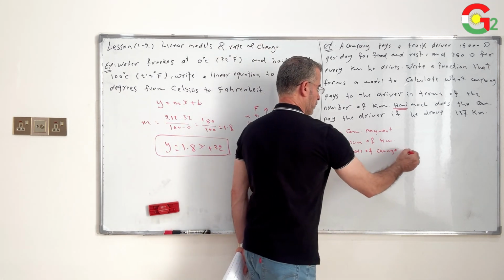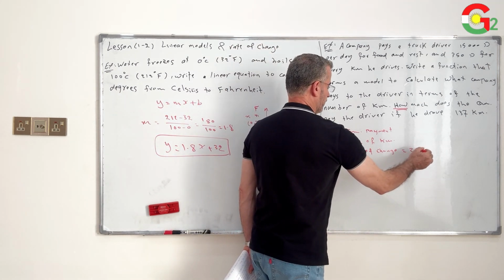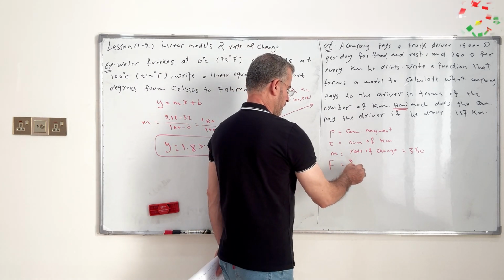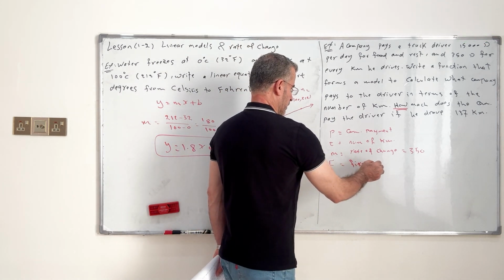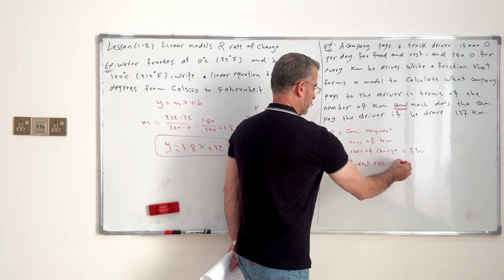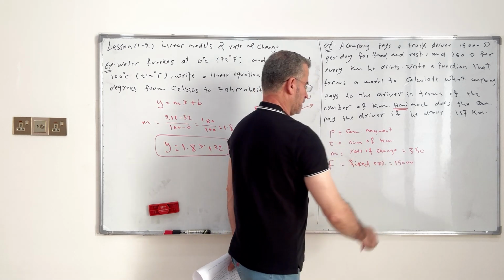It is equal to 350. Let F equal the fixed expenses. It is equal to 15,000 dinars.